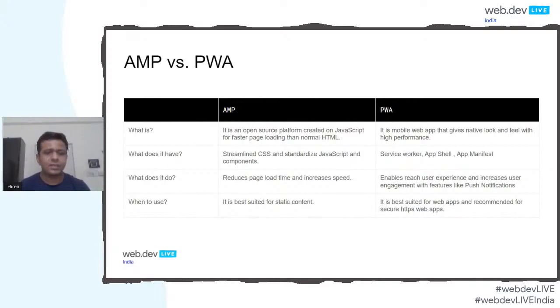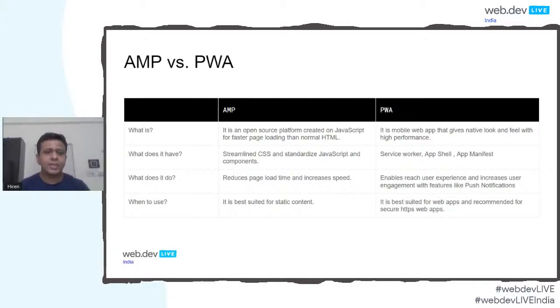So let's see this in a structure. First, let's see what AMP is. As we know, it is an open source platform created on JavaScript for faster page loading than other HTML. On the contrary, PWA is a kind of mobile web that gives you a native look and feel with high performance. What does it have?